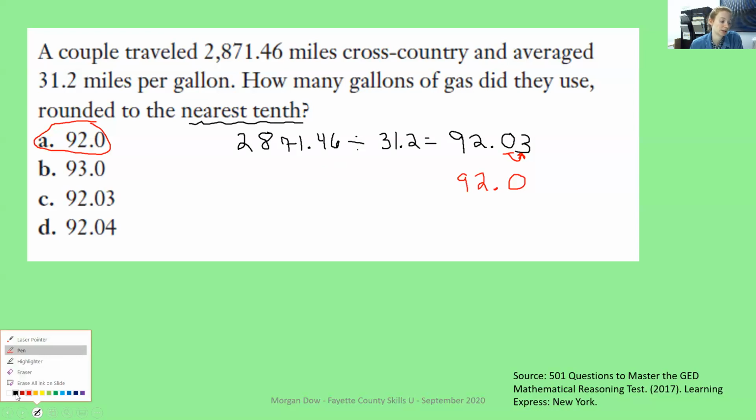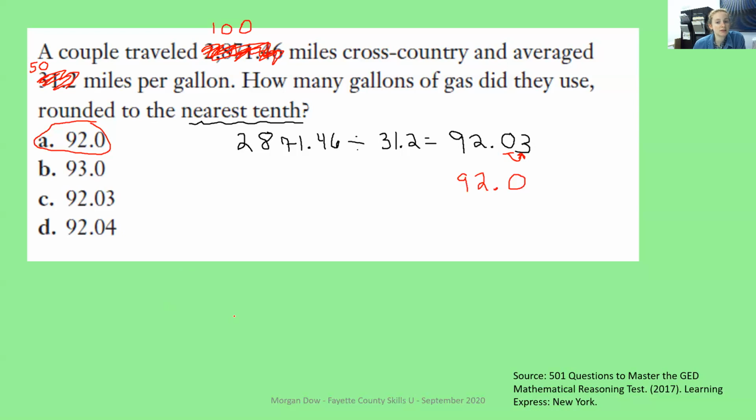Let's say instead of 2,800 blah, blah, blah miles, let's say they traveled 100 miles and they got 50 miles per gallon. So 1 gallon of gas will get them 50 miles.